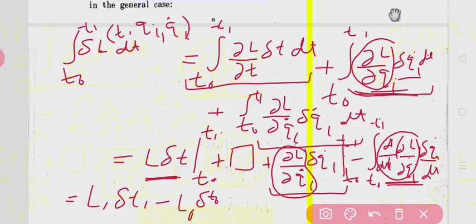If I apply the limits, that will be pi1 and delta qi at t1, minus pi0 and delta qi at t0. I have written this value over there, so you can check that.